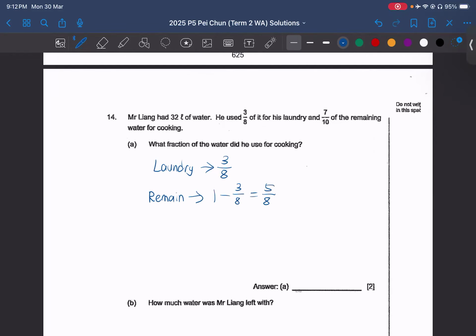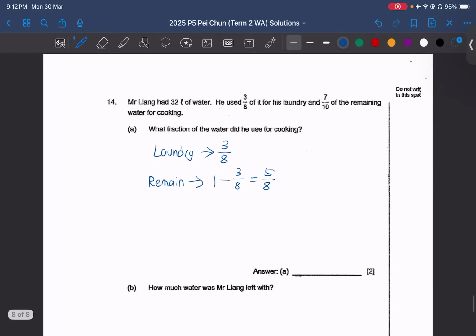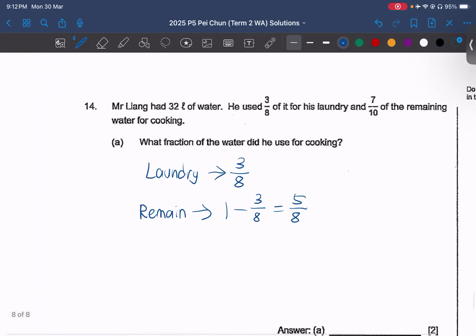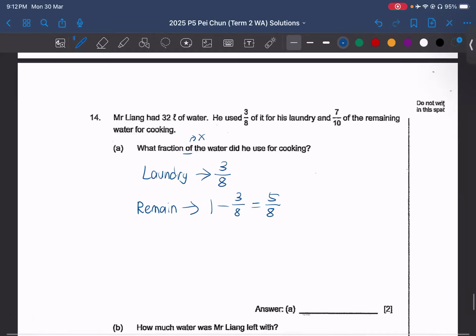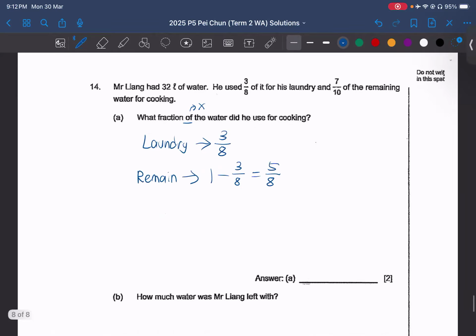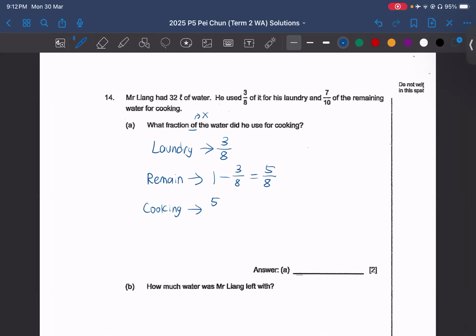So it means he used 7 out of 10 of 5 over 8 for cooking. To find the fraction of water that he used for cooking, of means to multiply. So for cooking, we would take what remains, 5 over 8, multiplied by 7 over 10.